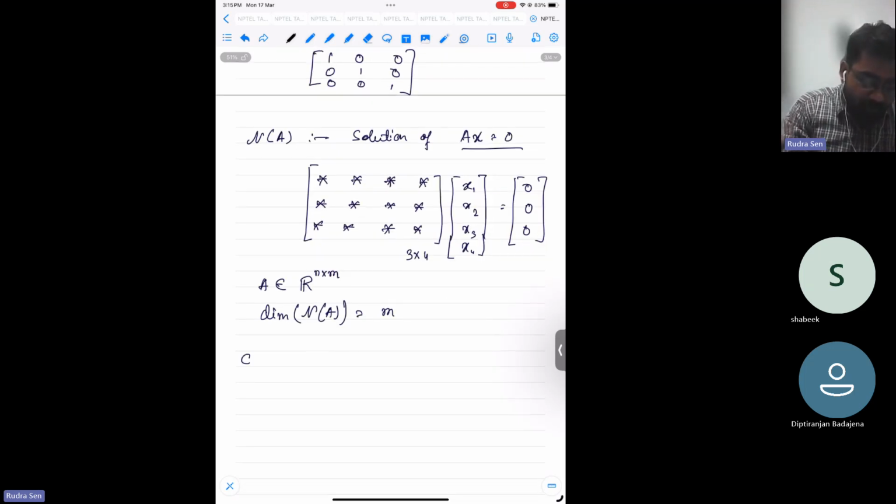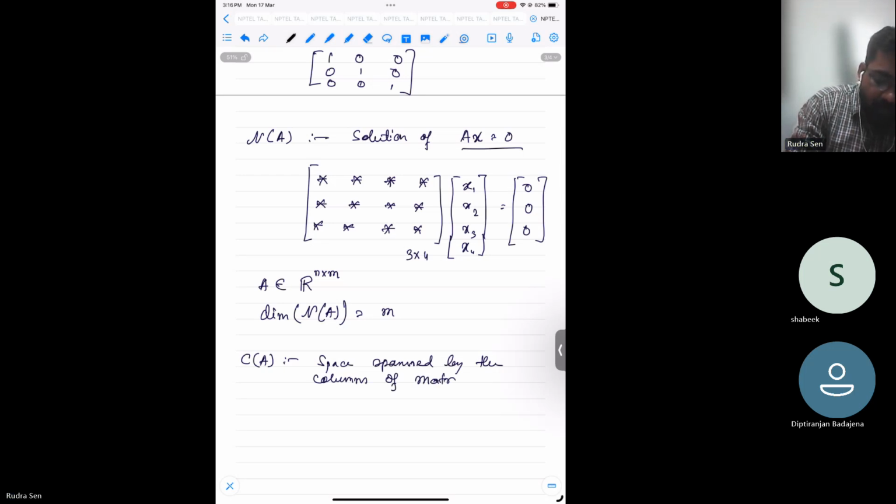Similarly, what is the column space? The column space is basically the space that is spanned by the columns of the matrix. So the column space of A is basically the space that is spanned by the columns of matrix A, right?